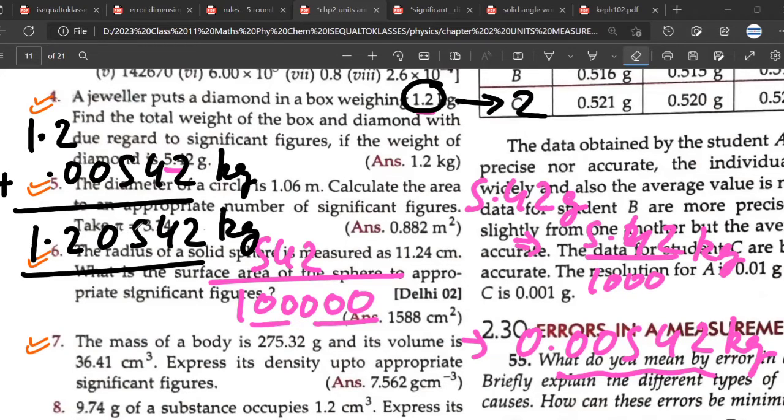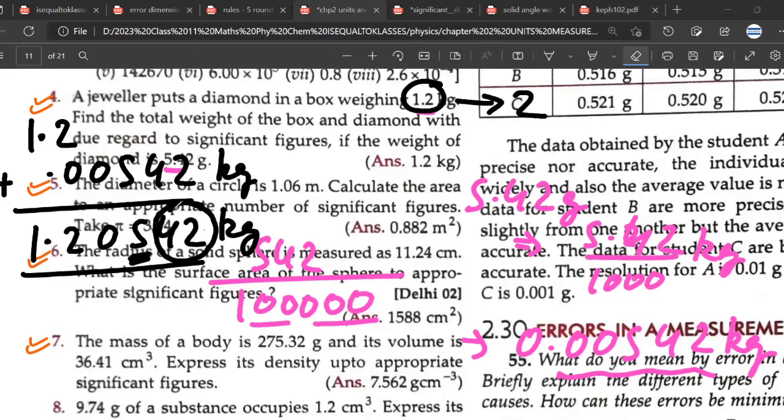Am I correct, Avantika? And now I am at 1.2, and after that there is a 5 here. But when I look at this 5, I understand that there are a few digits after 5. So one thing, are we clear?